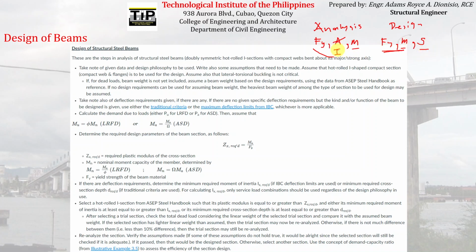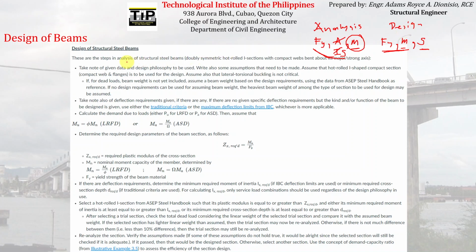For analysis, this is the given, so I'll just change this to section modulus for consistency. For analysis, these are the given and this is the required. For design, these are the given and this is the required. A while ago we discussed analysis, where we are tasked to find the moment capacity.